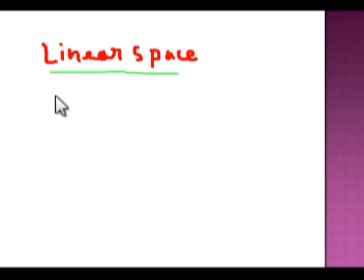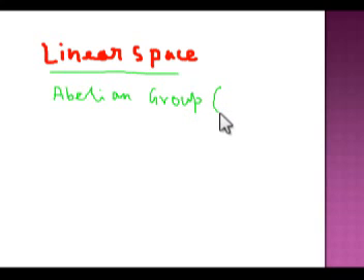A linear space or vector space is an abelian group L with respect to the binary composition addition, and it has some more properties to be a linear space.